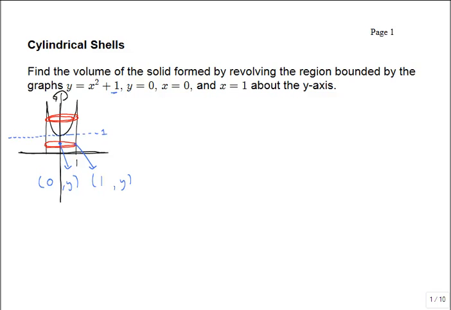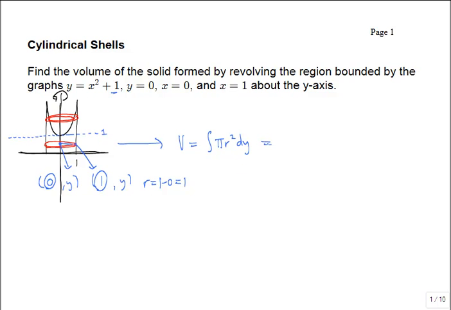So the radius going across here would just be this rightmost x value minus this leftmost x value, which is just 1. So for these discs down below, the volume would be the integral of pi r squared, and because these are horizontal discs intersecting the y-axis, this would be a dy integral.